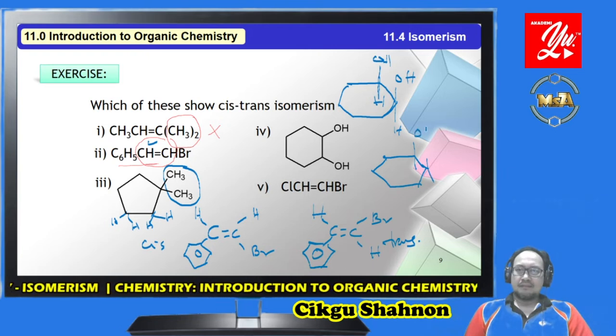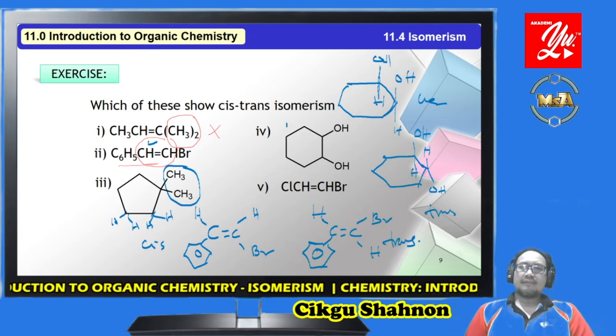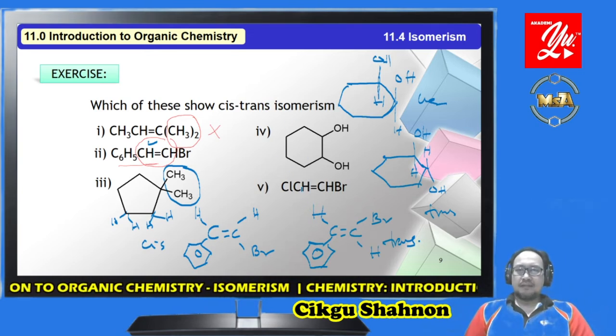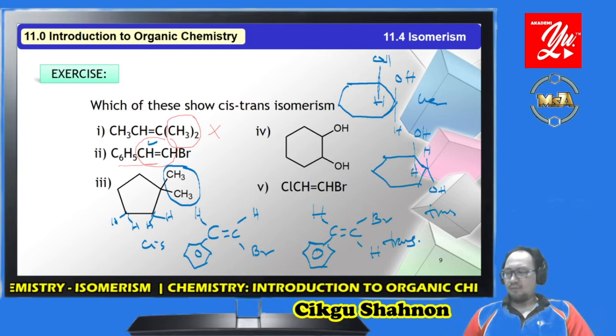OH and H, and here is OH and H. This is trans. Okay, this is cis. And the last one, we have a Cl and H. We have H and Br. Also, this is cis-trans. Okay, you can write it on your own.